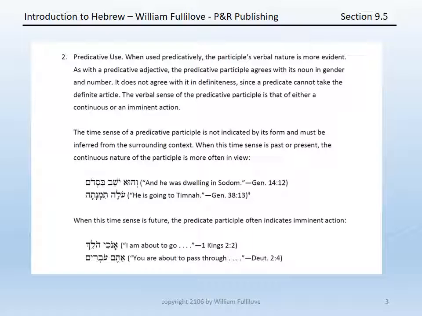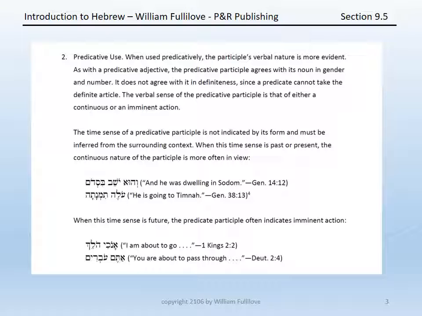Secondly, we have the predicative use of the participle, corresponding to the predicate use of an adjective. When used predicatively, the participle's verbal sense is more evident. Just like a predicate adjective, a predicate participle will agree with the noun that it addresses in gender and number, but it does not agree with the noun in definiteness, since a predicate adjective cannot take a definite article.